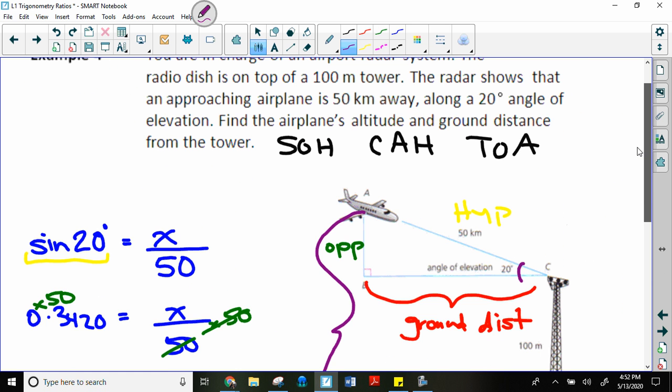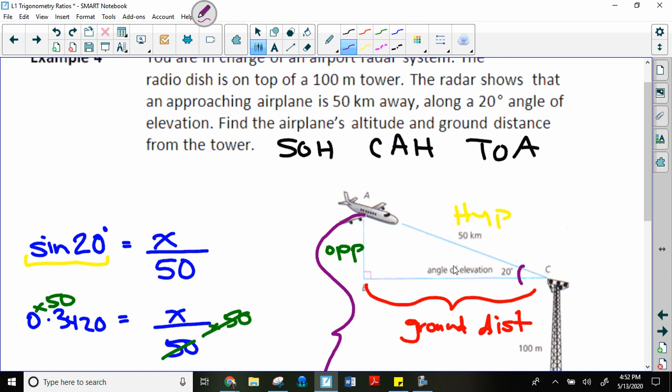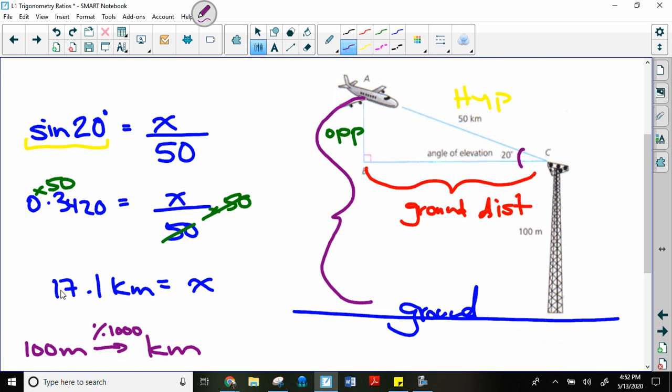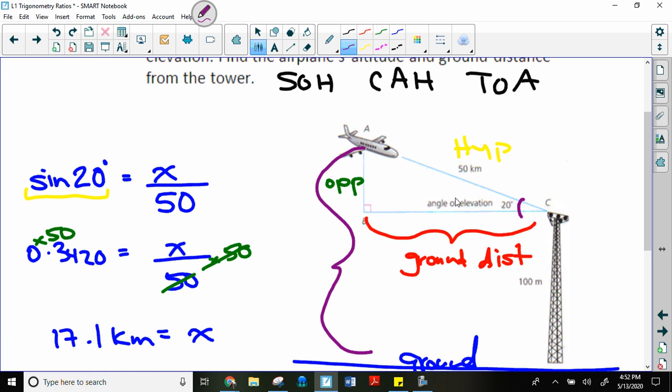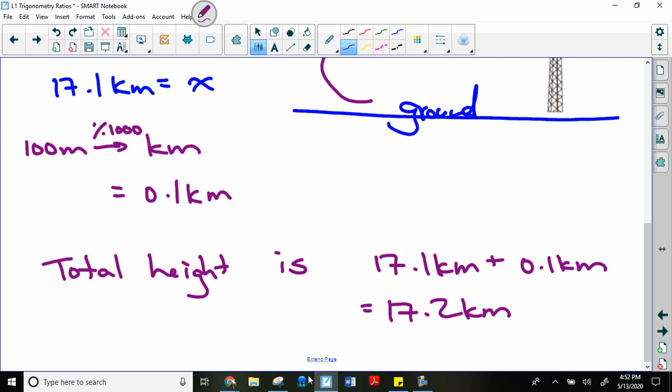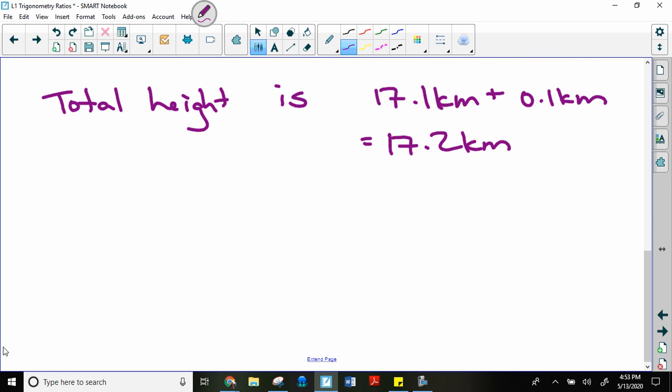Okay. Ground distance. Now we're looking for this side. I don't have to do any adding of two different sides and converting. If I find the adjacent side right now, I will have the ground distance. I'm going to continue to use the hypotenuse because 50 is an easy number. So if I'm looking for adjacent and using hypotenuse, I have to do cos of the given angle.